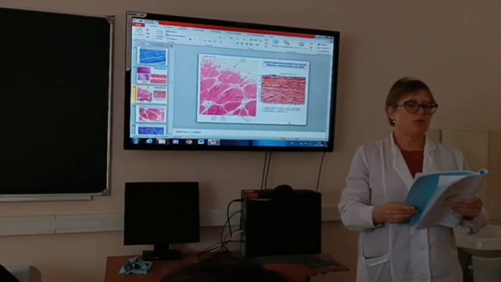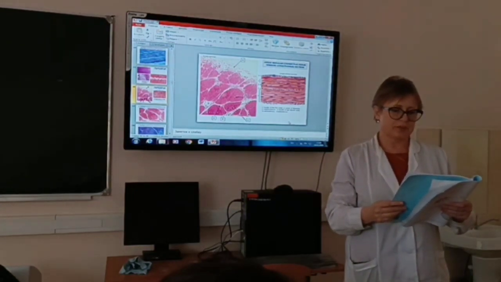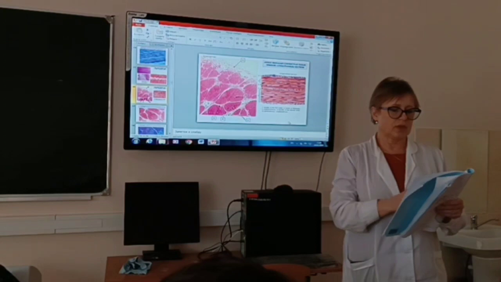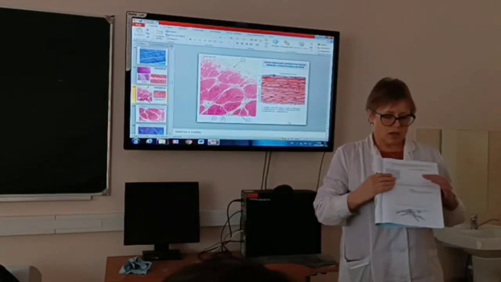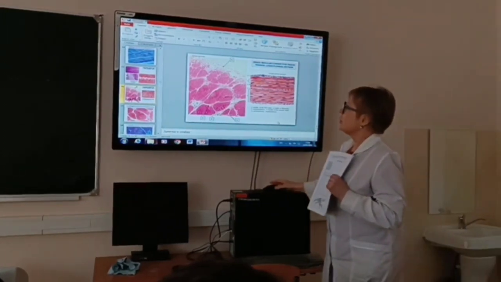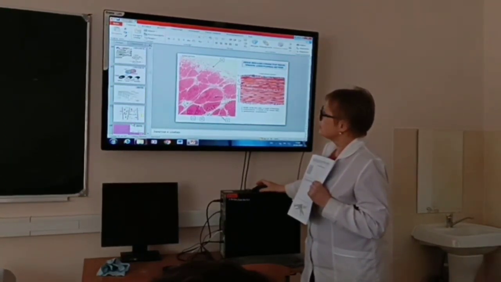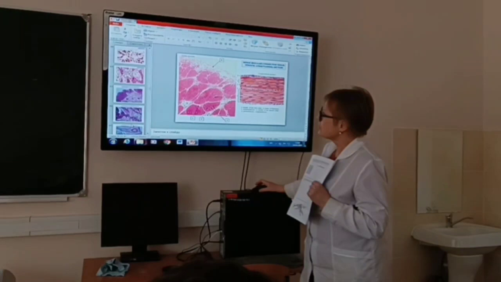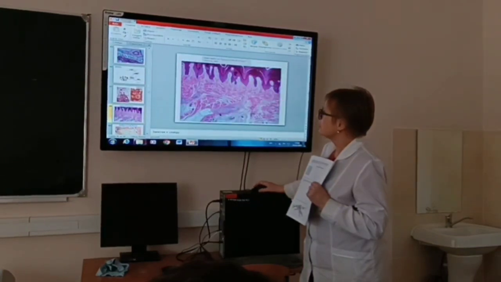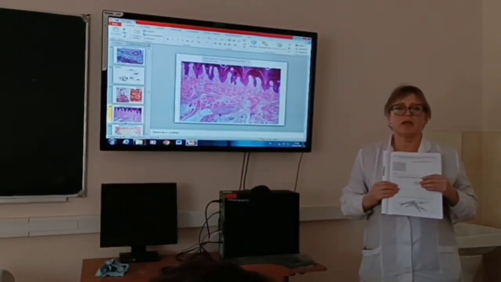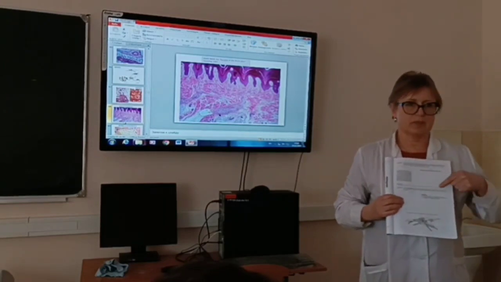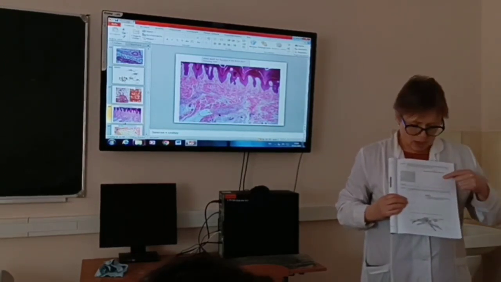Task 48. You should draw the derma of the skin in this square.